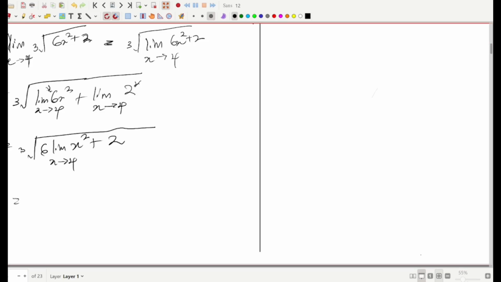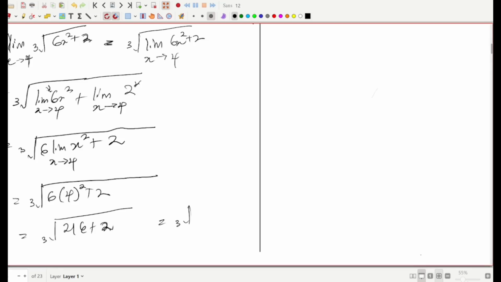So what do we end up with? The third root of 6 multiplying 4 squared plus 2. 4 squared is 16. 16 times 6 is, I think, 216, plus 2.